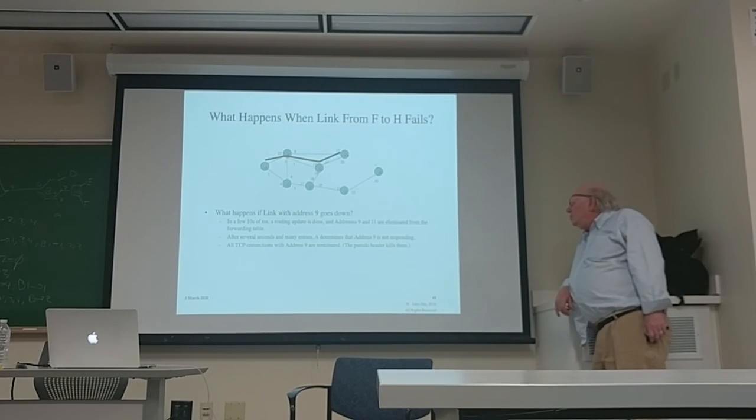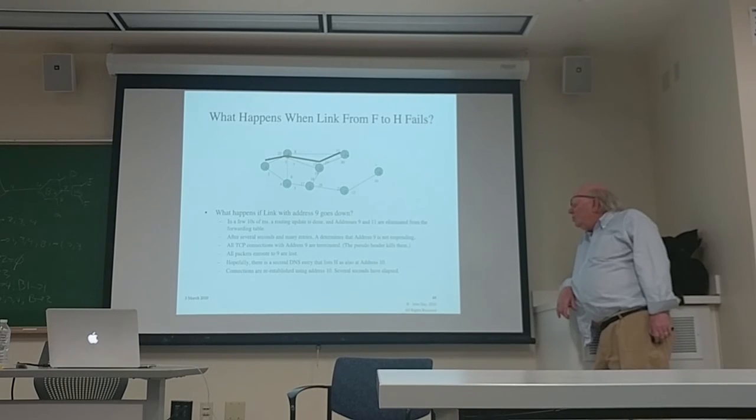After several seconds and many retries, A determines that address 9 is not responding. All TCP connections with address 9 are terminated. All packets en route to 9 are lost. Hopefully there's a second DNS entry that lists H as an address, and also address 10. Connections are reestablished using address 10 and several seconds have elapsed.